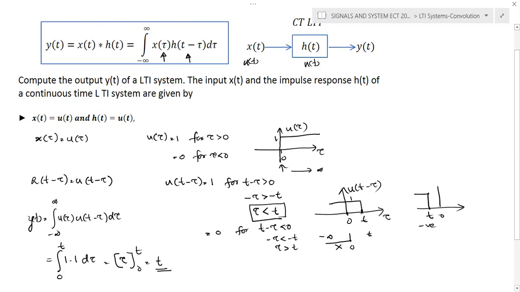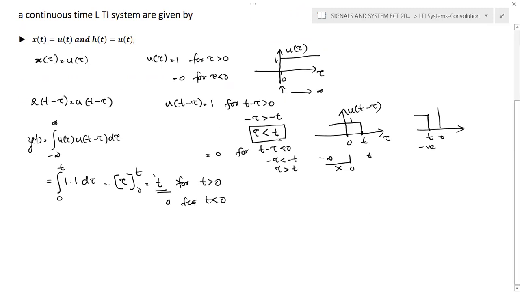If you consider this other case, the answer will be 0. So you can write this answer is valid only for t greater than 0, and 0 for t less than 0. So you can conclude your answer: y of t is equal to t for t greater than 0 and 0 for t less than 0.